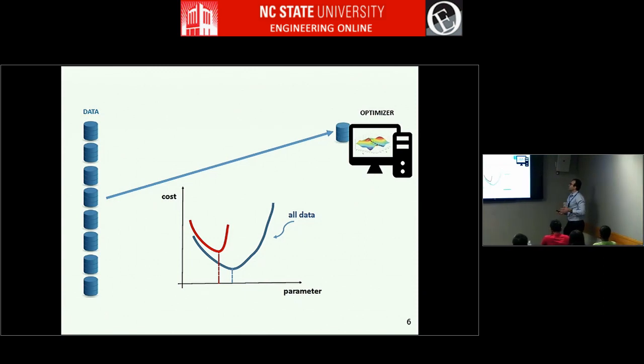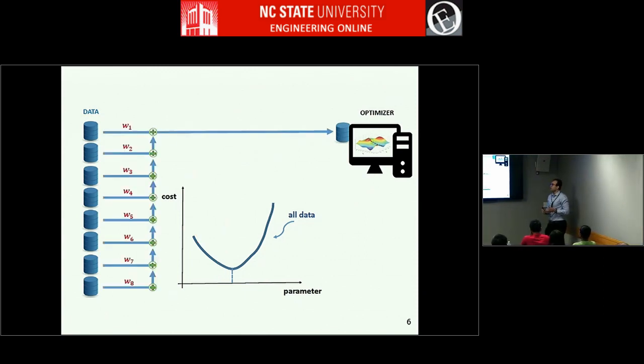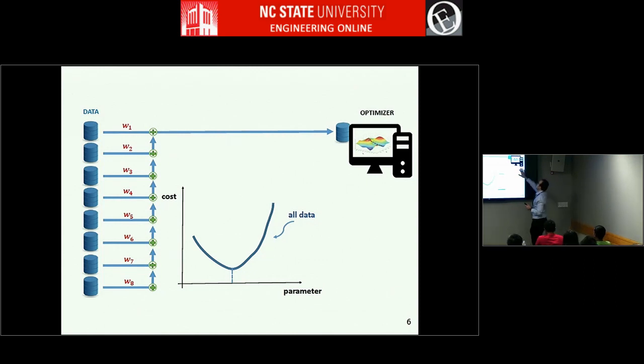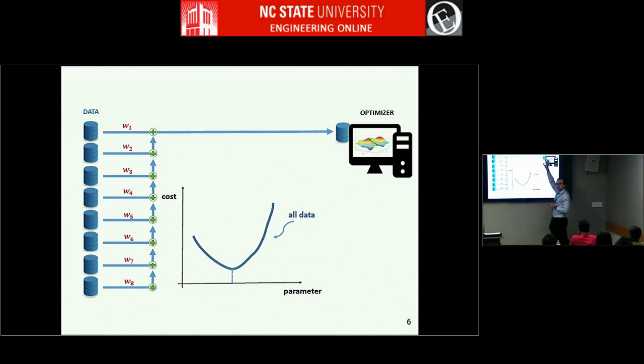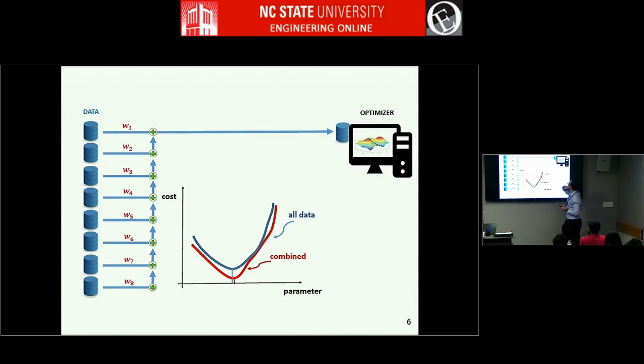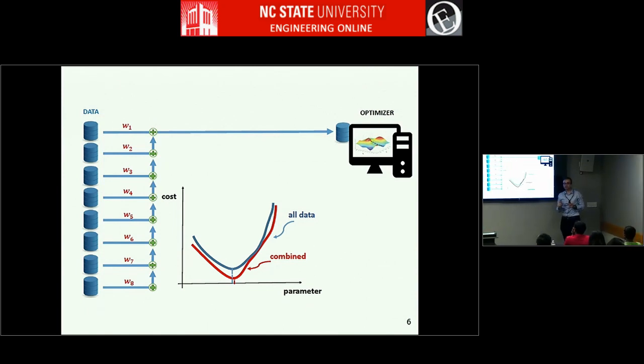So the idea behind this talk is, what if we compress the data set before and then have here a compressed small data batch, right? So the hope is that the combined compression will give you a cost function like this, which might be very, very close to the original. That's the entire idea.